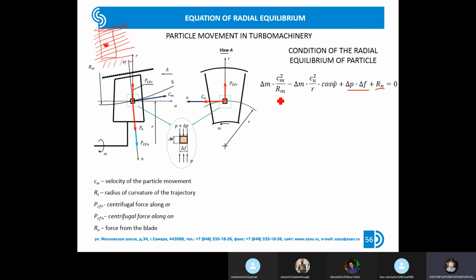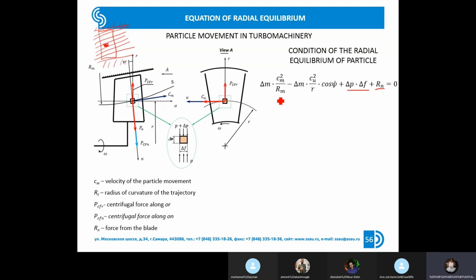It looks a little bit strange, two types of centrifugal force, but in reality, the particle path line in the turbomachinery channel is a spiral line. The particle moves like this, along a spiral. That's why it is influenced by centrifugal force due to rotation around the axis of rotation.